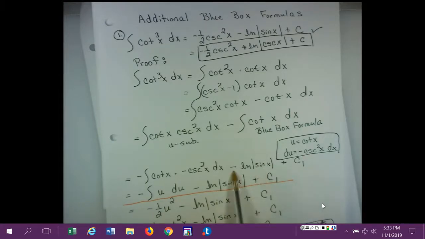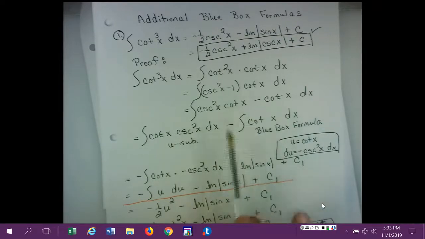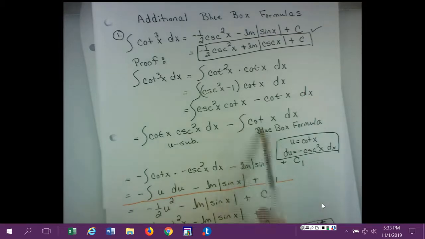The minus is here because we broke it up into two indefinite integrals and there was subtraction here. So there's subtraction here and there's subtraction here. But the blue box part of it for cotangent is just the natural log absolute value of sine x. And I said plus a c sub 1, and that's going to come into play in just a moment.